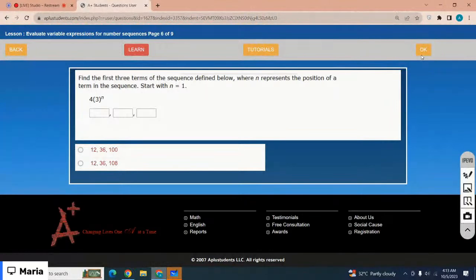Okay, find the first three terms of the sequence defined below, where n represents the position of a term in the sequence. Start with n equals 1. So which is the correct option?